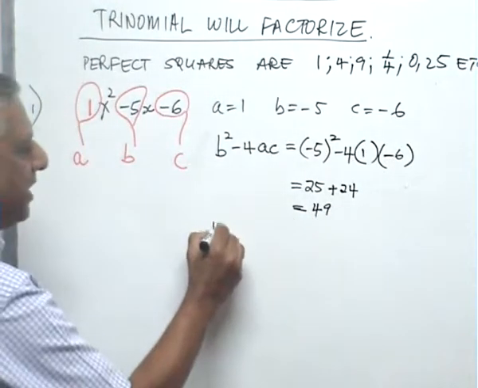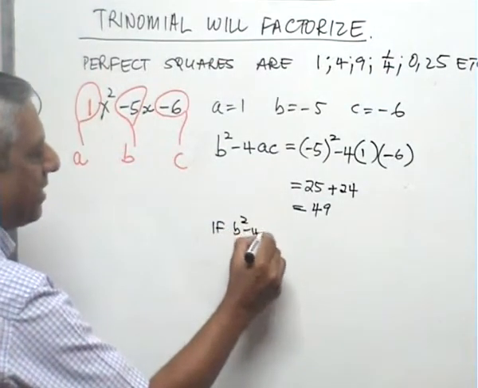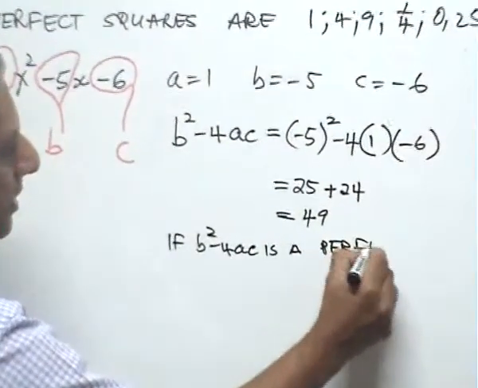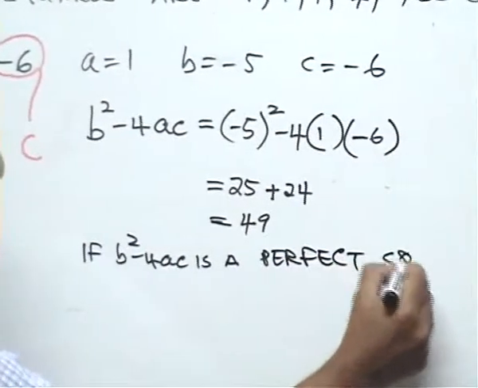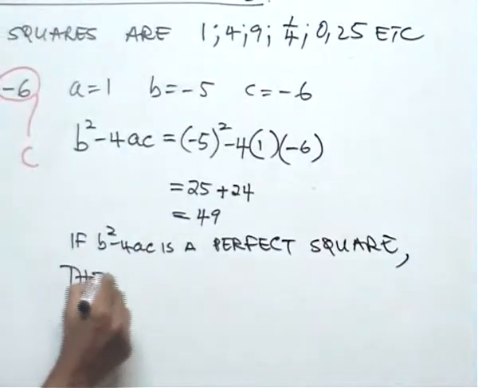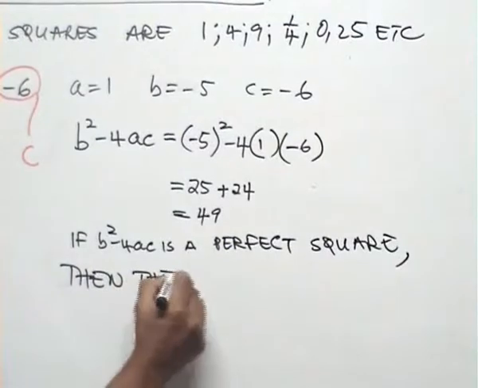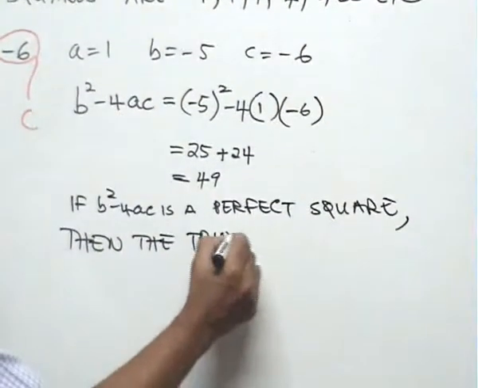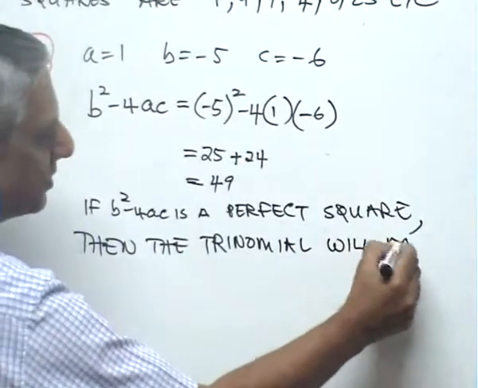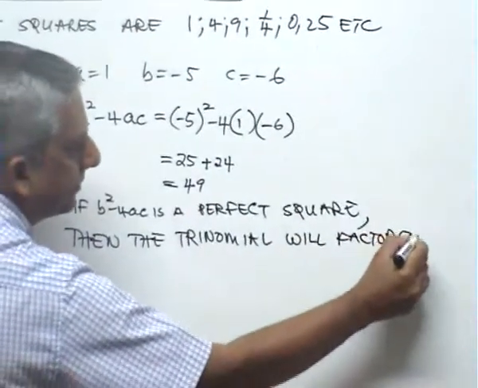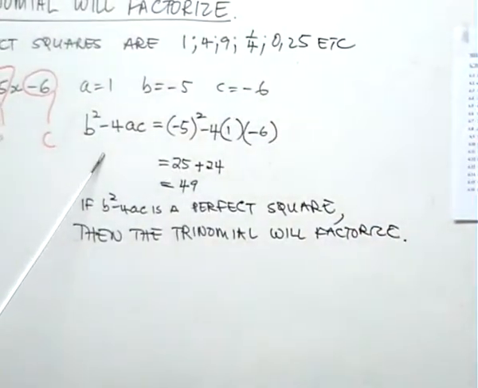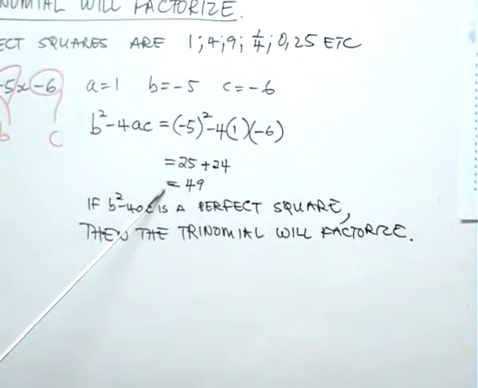Now, if B squared minus 4AC is a perfect square, then the trinomial will factorize. So if you look at this example we're doing, we worked out B squared minus 4AC and it is a perfect square.